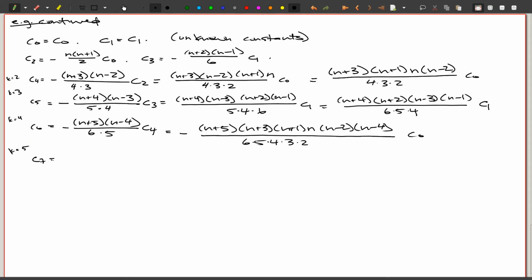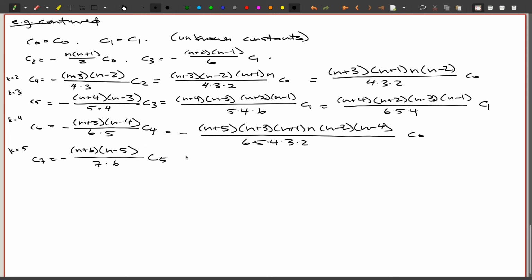So C sub 7 would be when k equals 5. But I'm just going to follow this pattern. That gives us an n plus 6 and an n minus 5. We've just been going up numbers over 7 times 6. And that's going to give me, let's see, a C sub 5 right there.